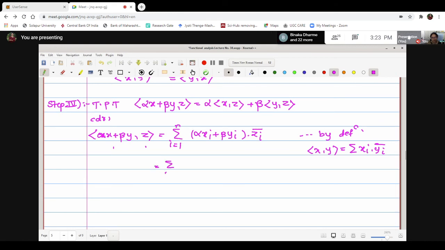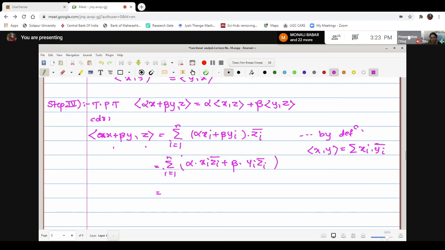Next, now we will multiply by zi bar to the bracket. This is alpha xi zi bar plus beta yi zi bar. Next, now the summation is running over i.